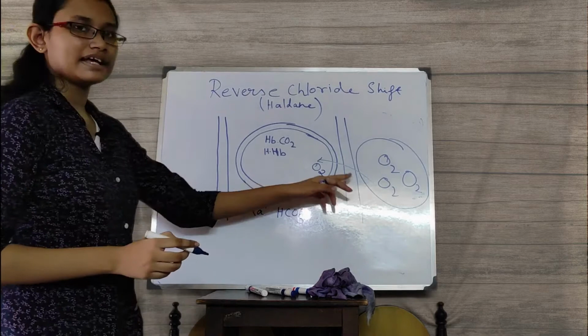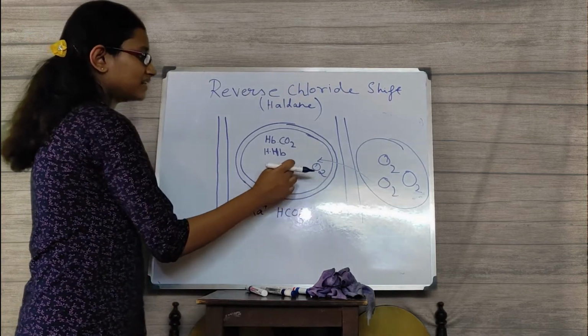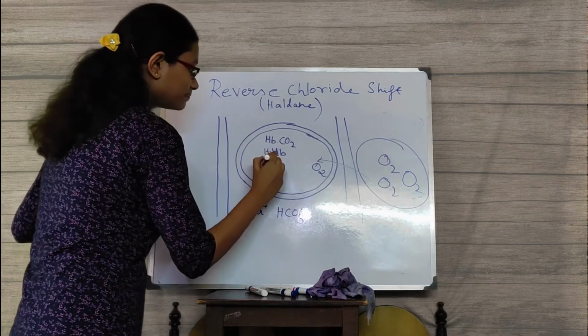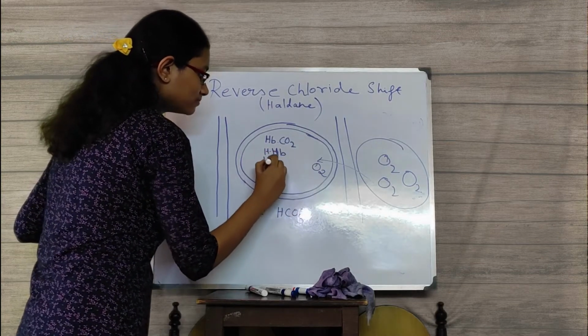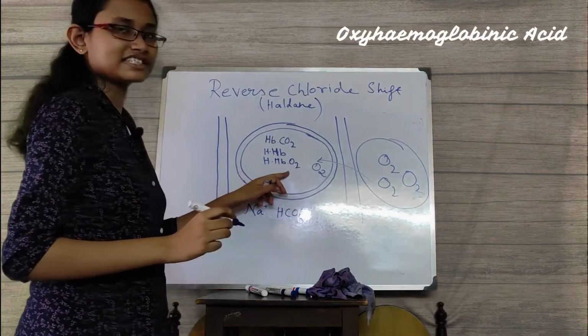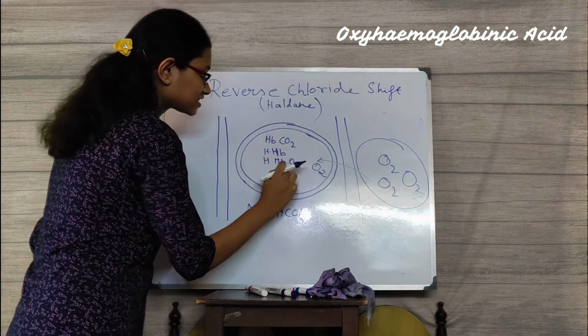As there is a rapid influx of oxygen, the reduced hemoglobin will combine with it and form oxyhemoglobinic acid. Make sure that this hydrogen is still attached to it.